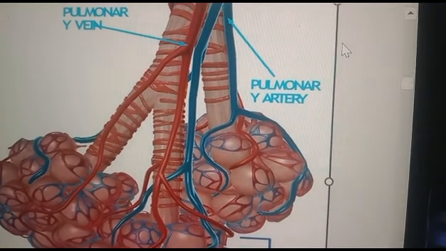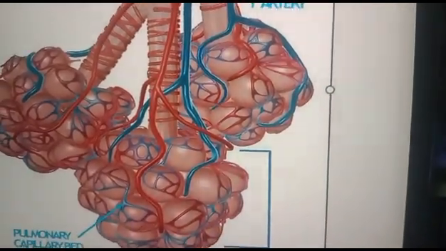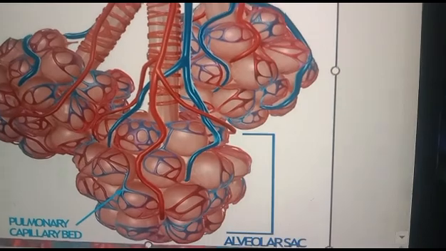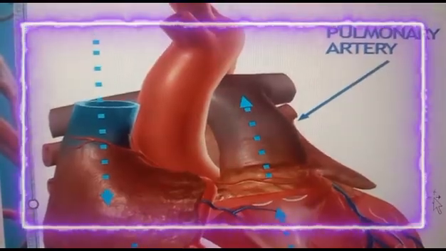The number of capillaries in a given body tissue varies based on the tissue's metabolic needs. You have the pulmonary vein, pulmonary artery, the pulmonary capillary bed and the alveolar sac.